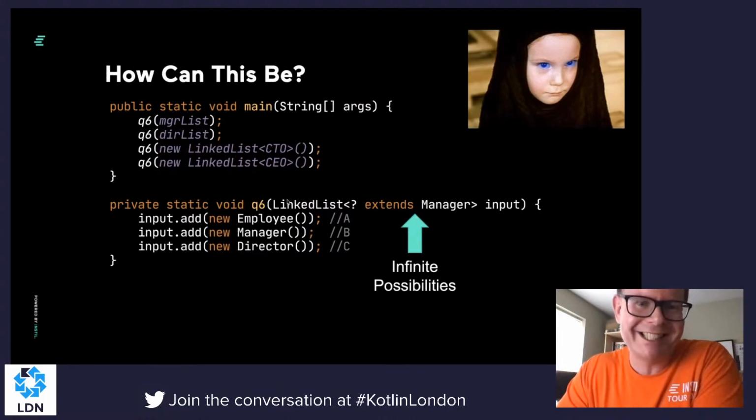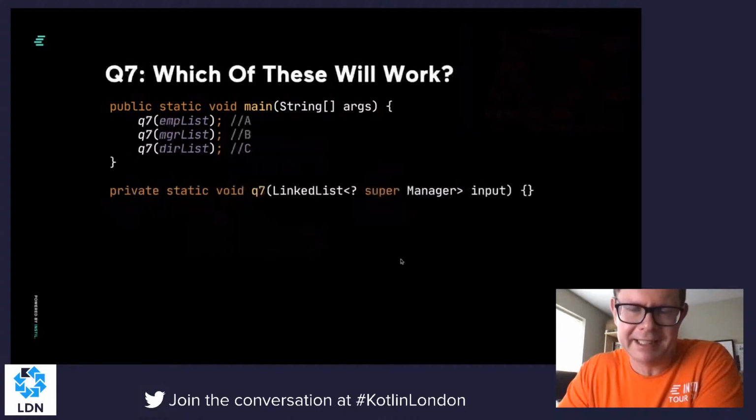So let's say after we write Q6, I go out and create classes like CTO and CEO, which extend from director, and then I can call Q6 and pass in, for example, a linked list of CTO. To a linked list of CTO, I shouldn't be adding a regular director. So because the possible set of values of T is infinite, I'm not allowed to add anything.